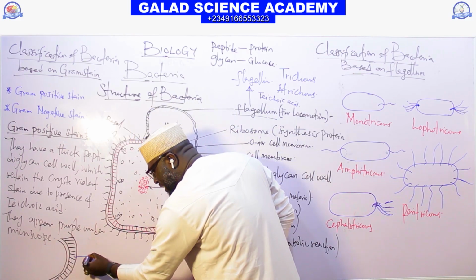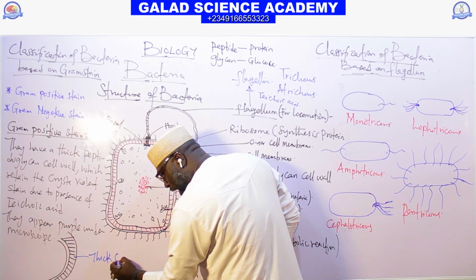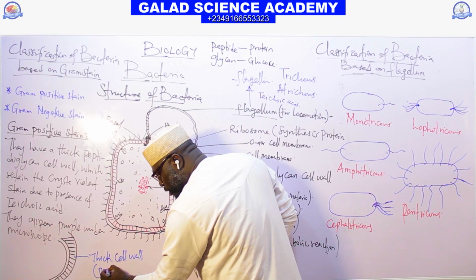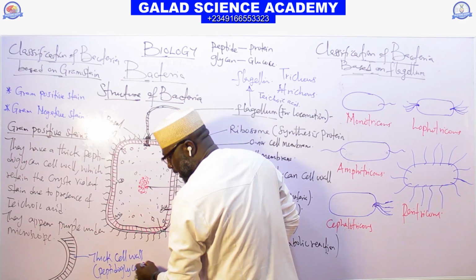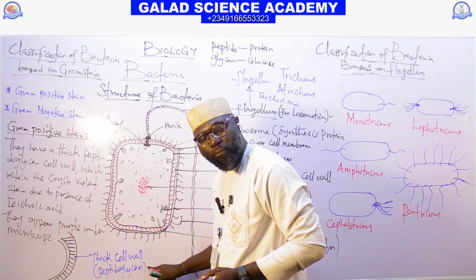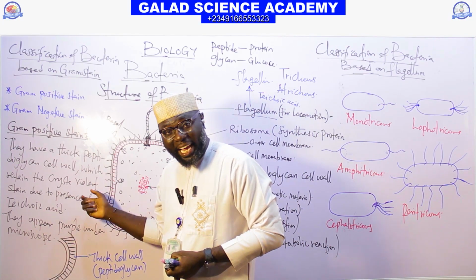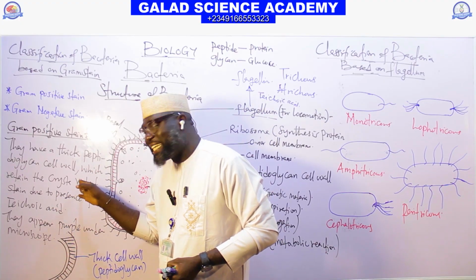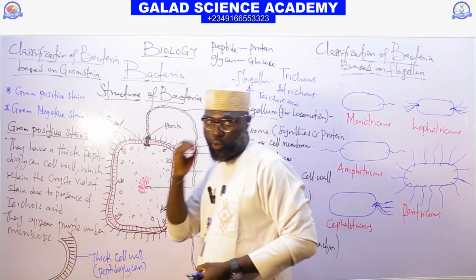They have a thick cell wall, which is peptidoglycan. So the presence of this thick peptidoglycan cell wall makes gram positive bacteria retain the crystal dye and appear purple.